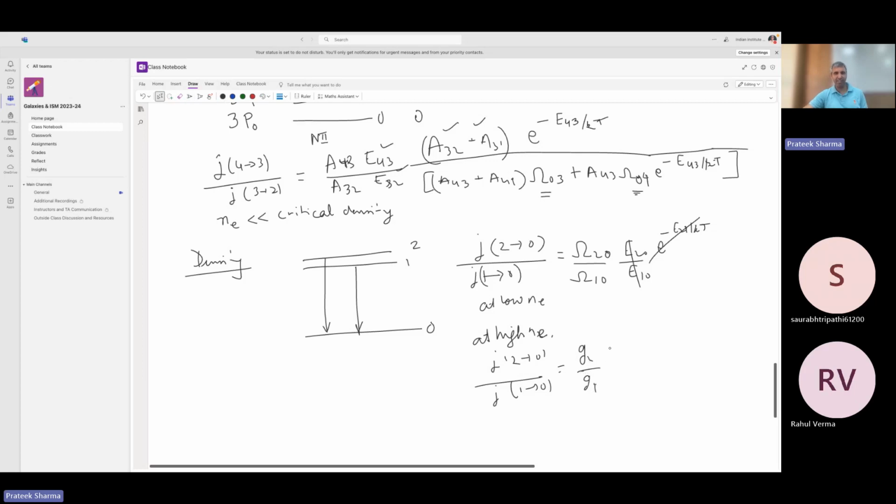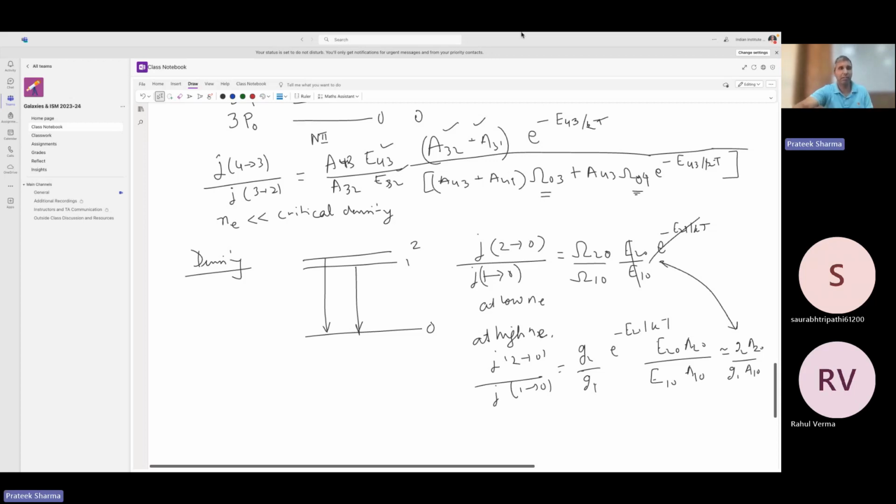Then it's just e to the minus E21 by kT times A20 by A10, which is approximately G2 A20 by G1 A10. So you see, at low density and at high density, we have different expressions for the line ratios, so this can be used as a diagnostic for density.